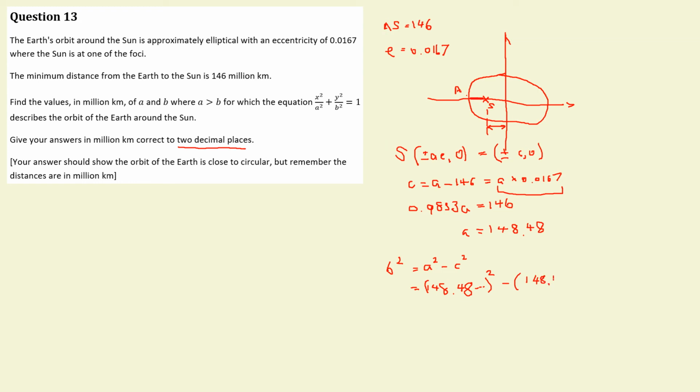I know it's 479, isn't it? But what it is exactly, you've got it all on your calculator, so you're fine. Multiplied by the eccentricity, and then square it. So you do that bit squared, subtract that bit squared, square root tells you B. So hopefully you've kept that on your calculator.